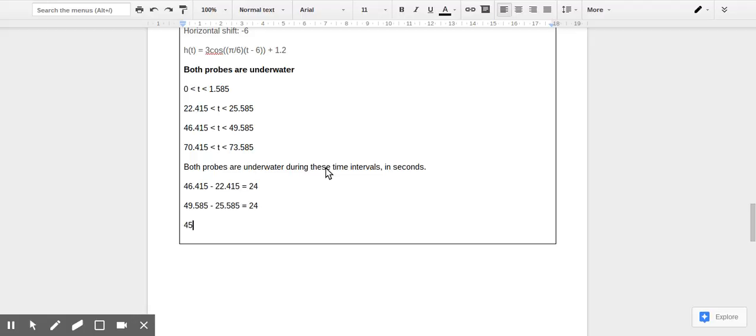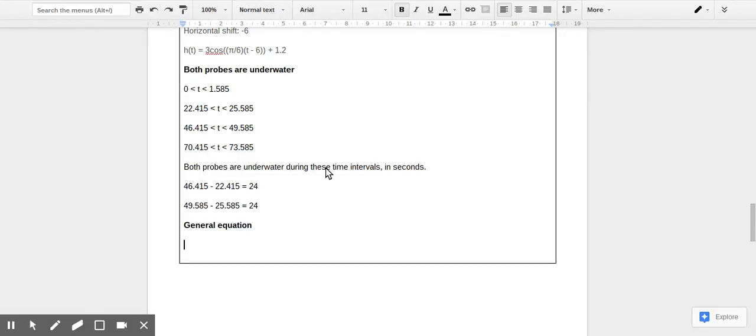So what we can say is, essentially, a general equation. So between 22.415 plus 24n in seconds and 25.585 plus 24n in seconds.